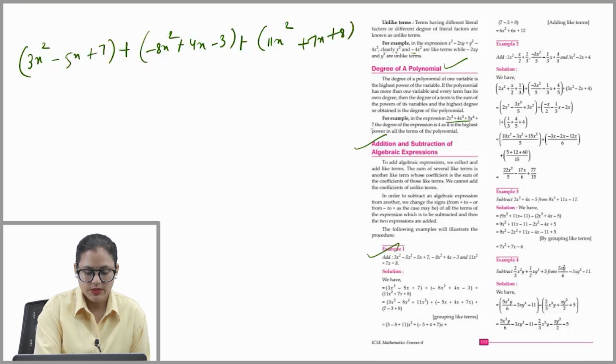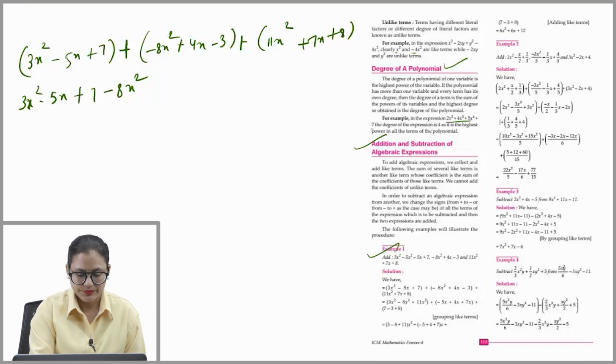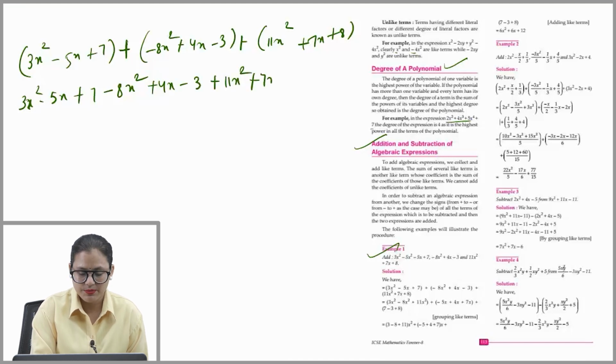Now open the brackets. 3x² − 5x + 7 − 8x², because there is a positive sign before the brackets, so we will not change the sign, + 4x − 3 + 11x² + 7x + 8.